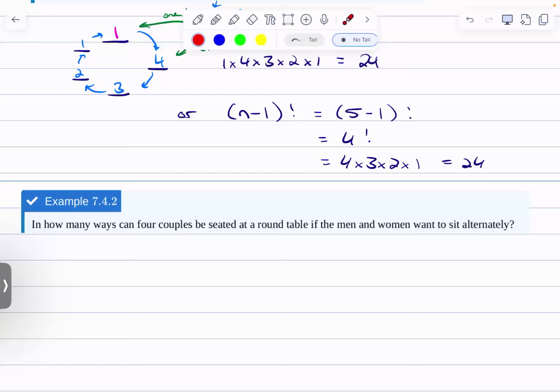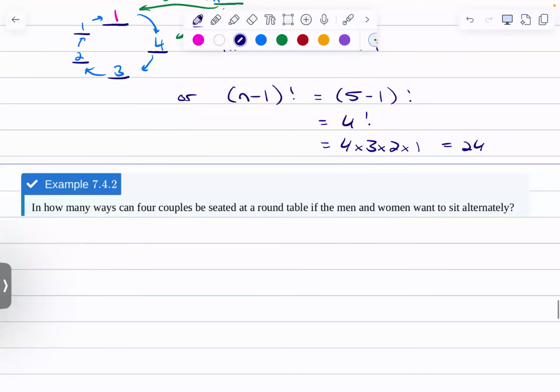In how many ways can 4 couples be seated at a round table if the men and women want to sit alternately? This means that I have 8 people, which means I have 8 positions on my circle.